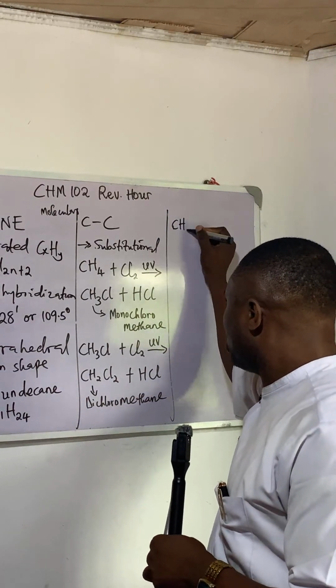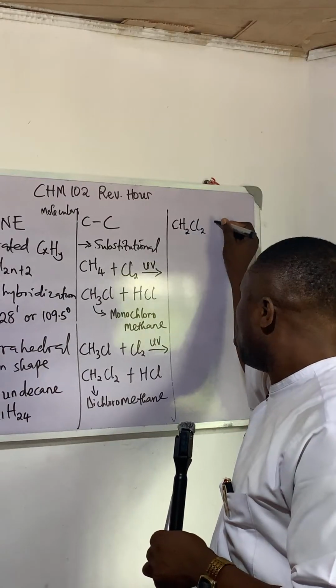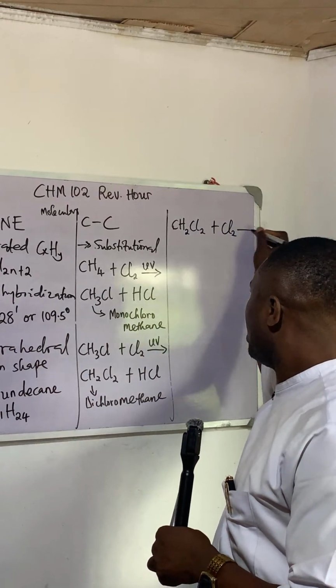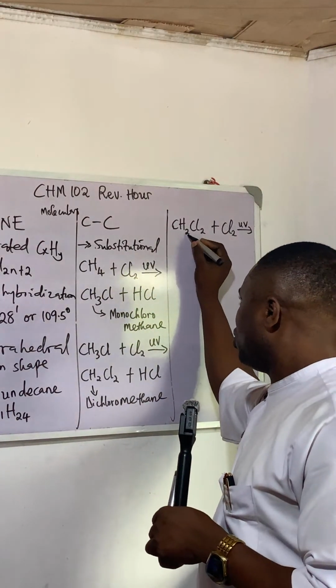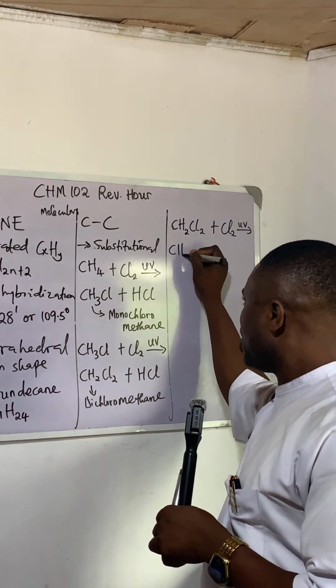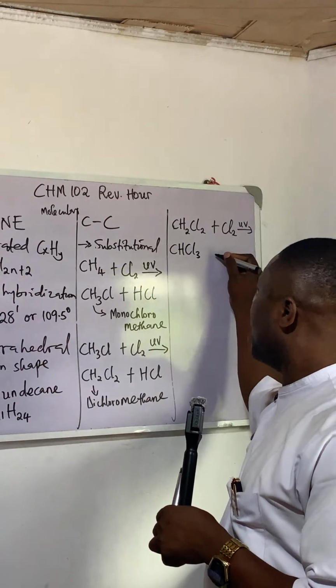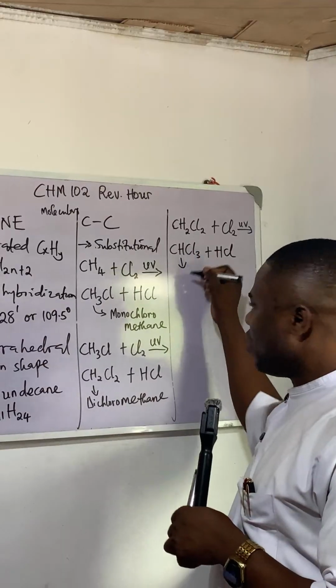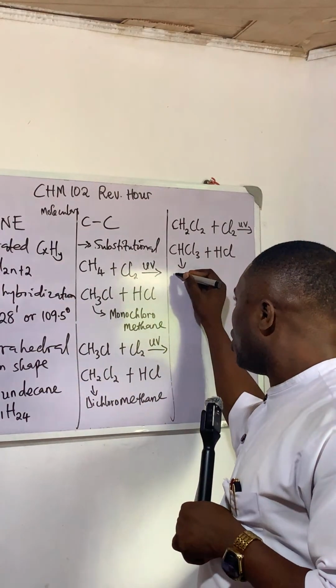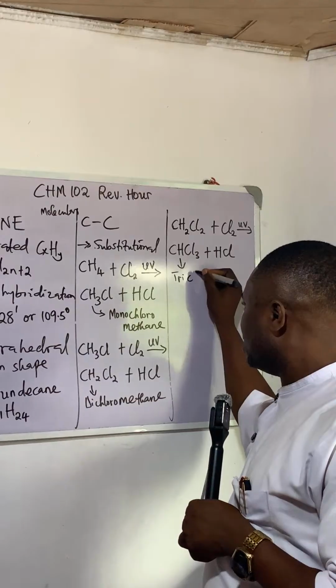CH2Cl2 will still react with chlorine in the presence of UV. What will be formed? One hydrogen will move off, and it becomes CHCl3 plus HCl. This product is what we call trichloromethane.